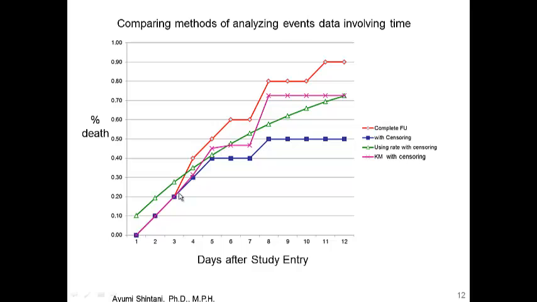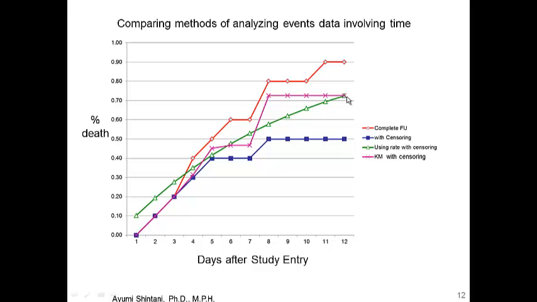So Kaplan-Meier, similar to a rate calculation, gives a number which considers what happened among people who were lost to follow-up without observing the event.